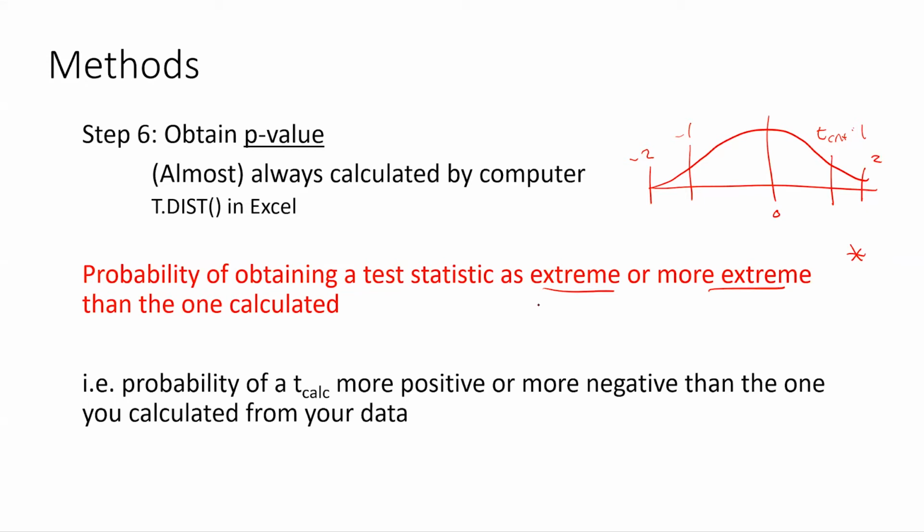And the reason why we use this language of as extreme or more extreme is because it could be a negative or a positive value, and so it doesn't really make sense to say more positive or less positive or bigger or smaller or greater than or whatever. That's why we use this extreme language. So our p-value is essentially the probability of a t-calc more positive or more negative than the one you calculated from the data, right? So either more negative or more positive.